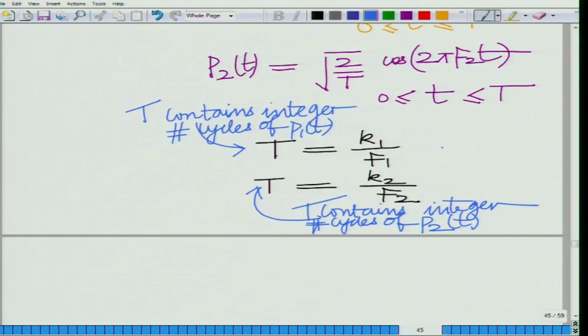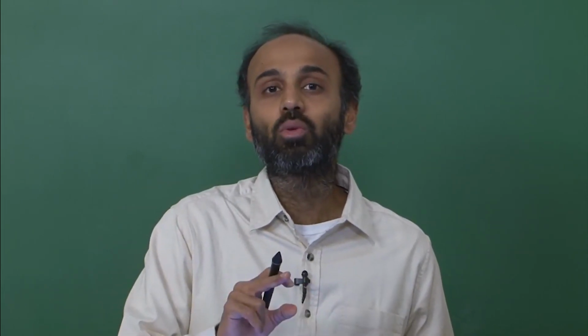Further, the number of cycles are different, that is we are assuming k1 not equal to k2, that is the number of cycles of p1(t) in the duration T and the number of cycles of p2(t) in the duration T are different. These two have different integer numbers of cycles in the symbol duration T.